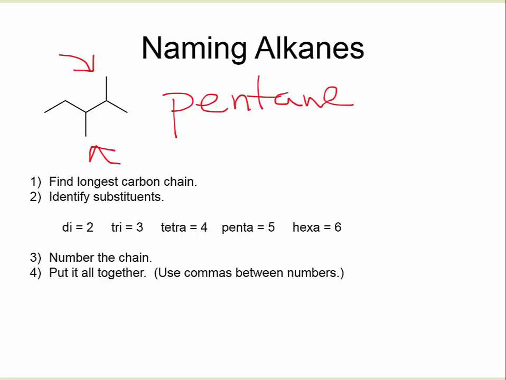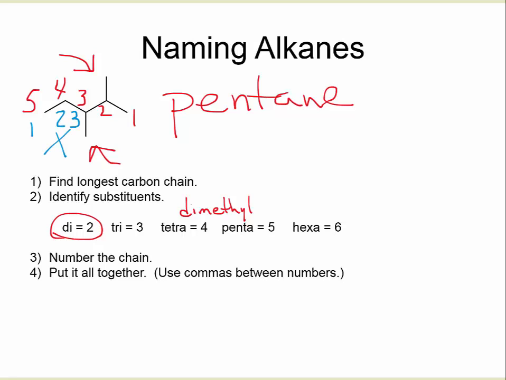I have 2 methyl groups, and so I am going to have dimethyl as a portion of the name as well. And then to number the chain so that the first substituent has the lowest possible number, I need to number this one right to left. The first methyl group will be on carbon 2 if I number right to left, but it will be on carbon 3 if I number left to right.